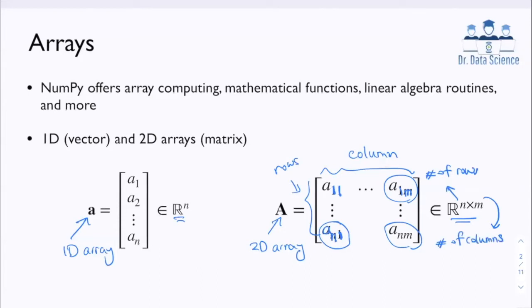From a linear algebra perspective, you can view a two-dimensional array or a matrix as just stacking or putting these one-dimensional arrays next to each other. So in this case, we convert a one-dimensional array to a two-dimensional array. However, when we are using NumPy, it is extremely important to differentiate between one-dimensional and two-dimensional arrays.